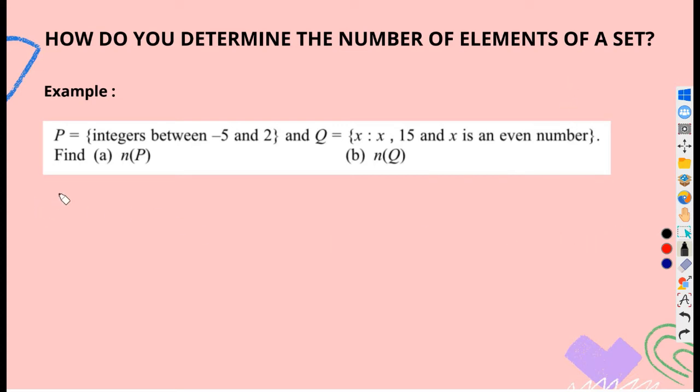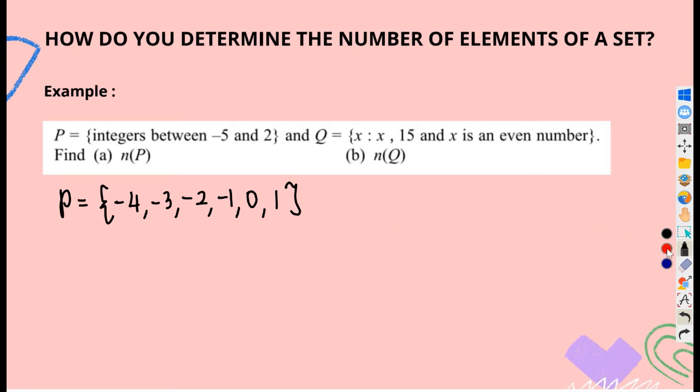For this one, first we need to do the listing for set P. P is equal to integers between -5 and 2, so we start from -4, -3, -2, -1, 0, and 1. We need to do the listing first.